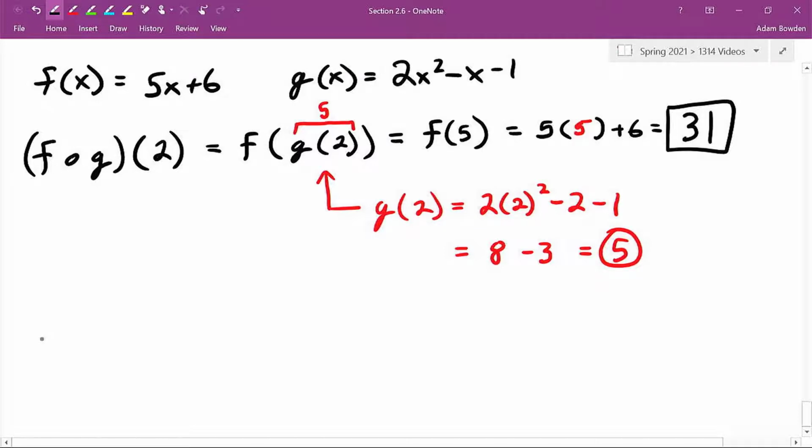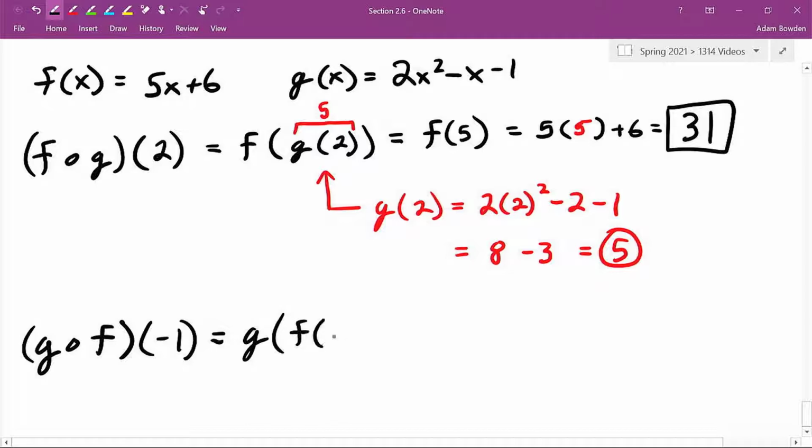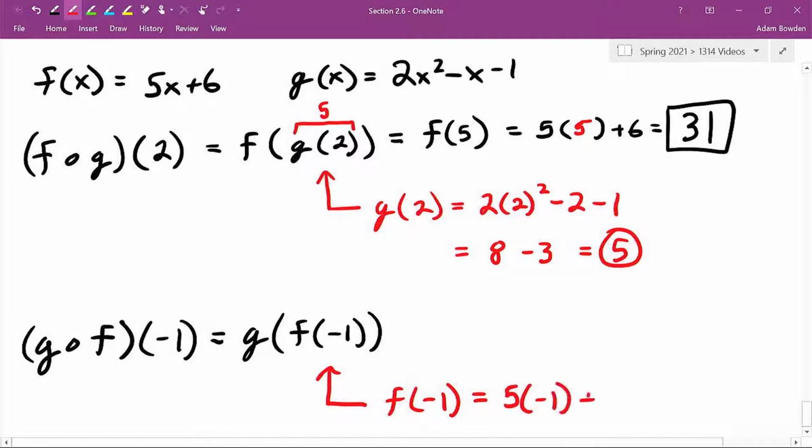If we did this another way, let's say g circle f of negative 1. G would come first, composed with f of negative 1. G of f of negative 1. So if we want to, we can start with the f of negative 1, calculate that. That would look like 5 times negative 1 plus 6, which would be just positive 1.